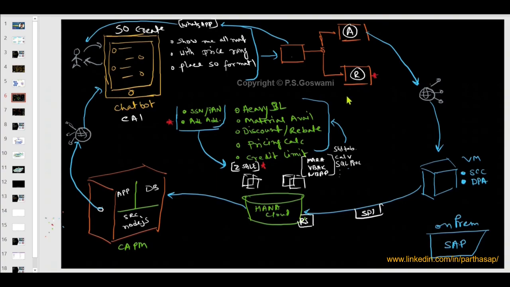As I was mentioning, it is not very efficient to create the sales order online into your on-prem system, but to have a staging layer, you can use this Hana Cloud, and there you can use some custom table as your staging layer.